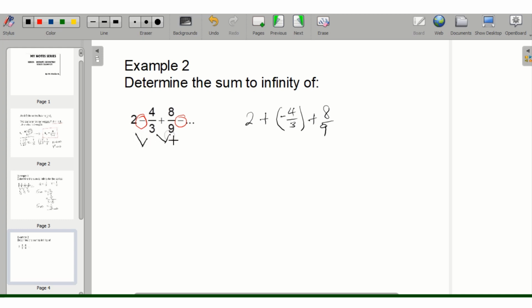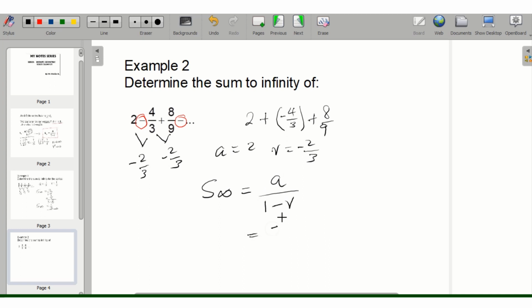Now let us get our constant ratio. Minus 4 over 3 divided by 2 will give us minus 2 over 3. And as well, 8 over 9 divided by minus 4 over 3 will give us minus 2 over 3. So that means the value of a is 2, the value of r is minus 2 over 3. So the sum to infinity is a over 1 minus r.